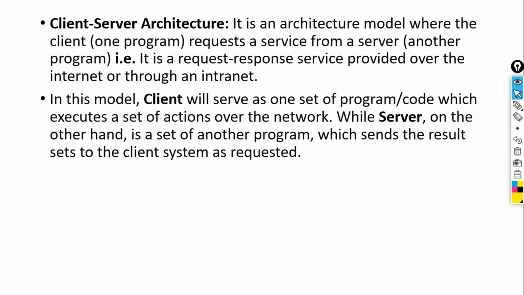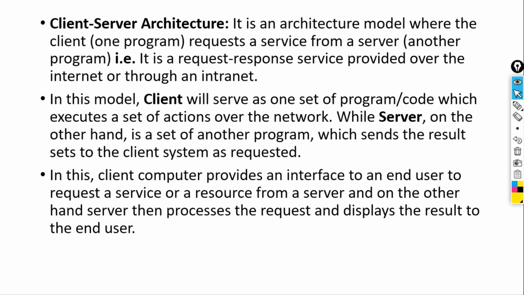Now, in this model, the client serves as one set of programs which executes a set of actions over the network, while the server on the other hand is a set of another program which sends the result set to the client system as requested. In this, the client computer provides an interface to an end user to request a service or resources from the server, and the server then processes the request and displays the result to the end user.